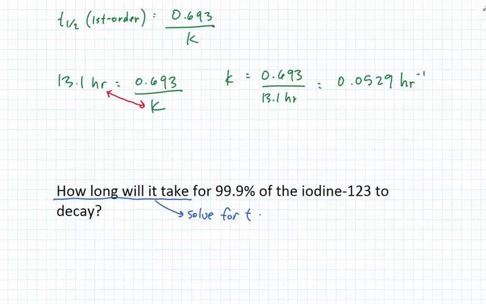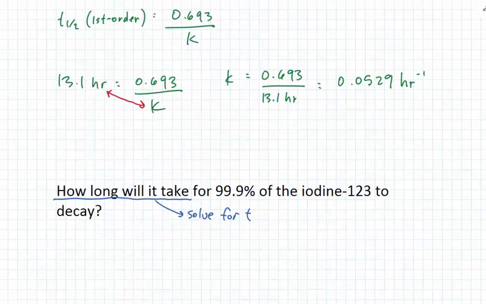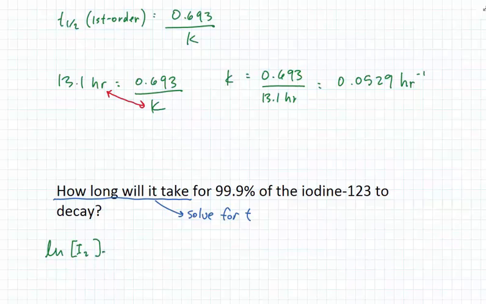So what is the integrated rate equation that we use when we want to solve a first order reaction for t? The first one. Yep, let's use the one with the natural logarithm of the fraction. So let's recopy that. Natural logarithm, and instead of A, I'm going to say I2, at time t over initially.